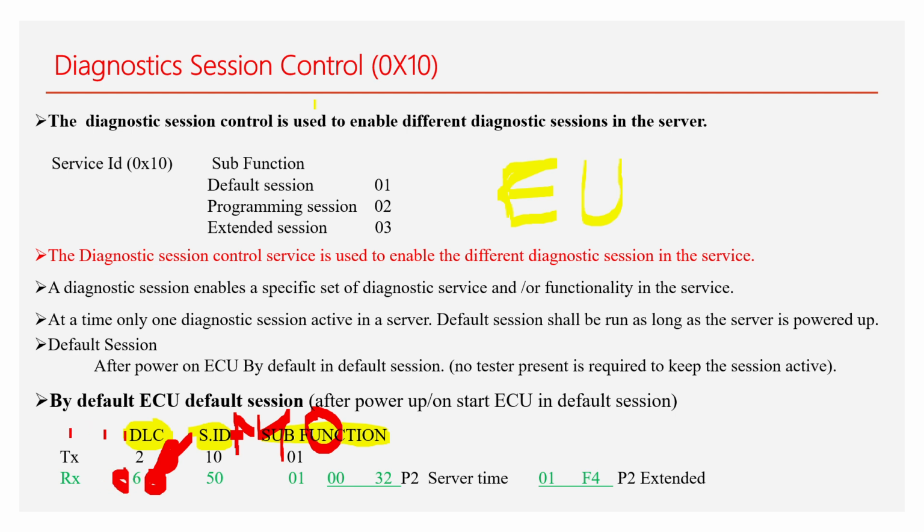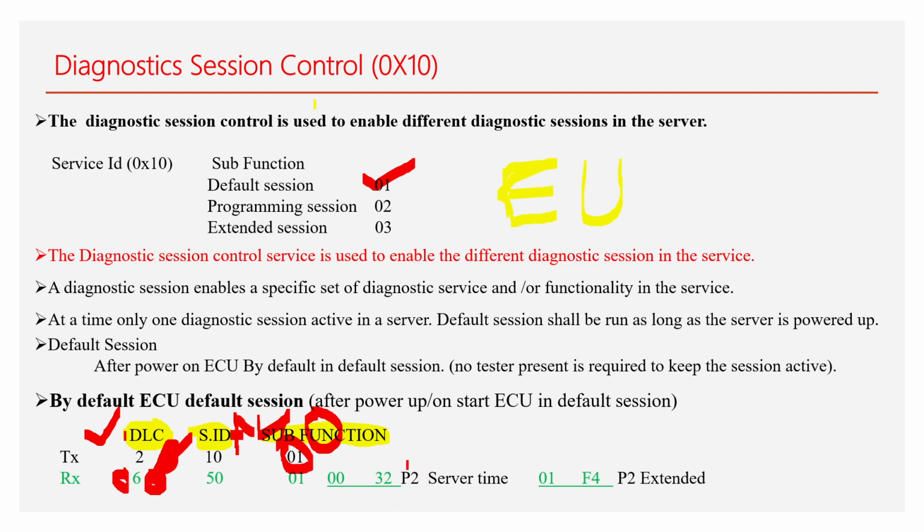So this is the request we are sending, meaning DLC 2, service ID 10, and subfunction. What is this subfunction name? 01. 01 means default session. What is the positive response? 60, 50, 01, and 00, 32.